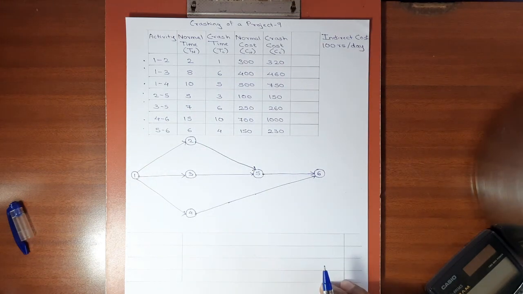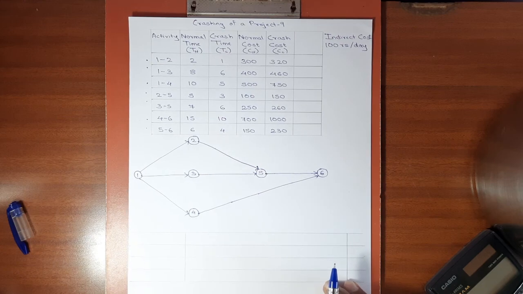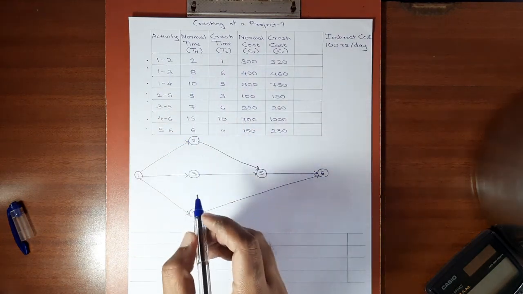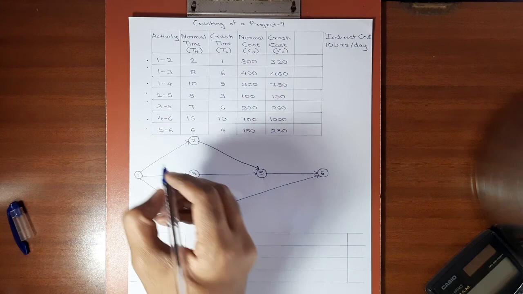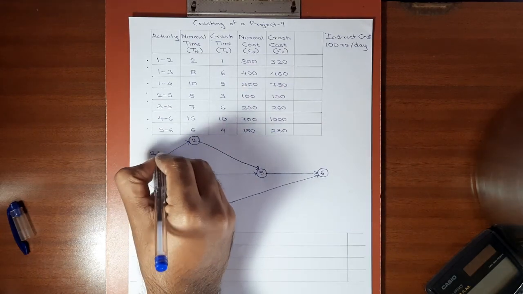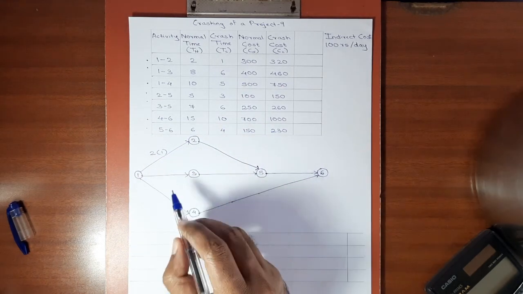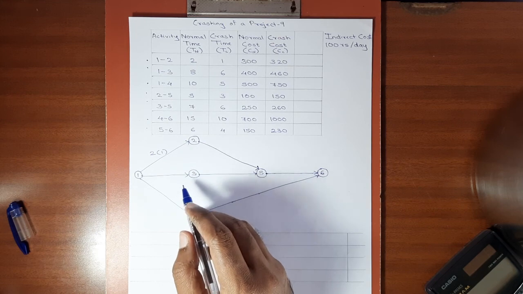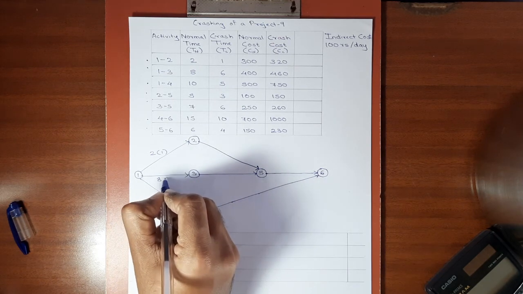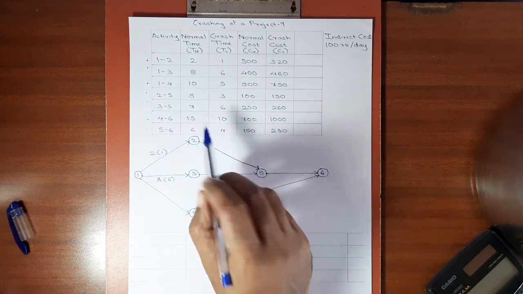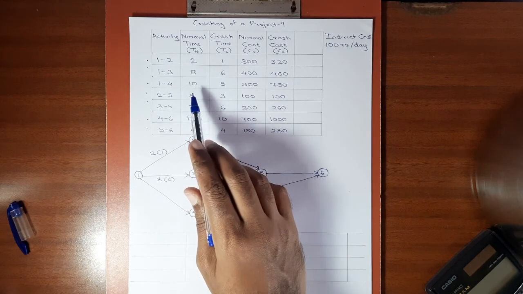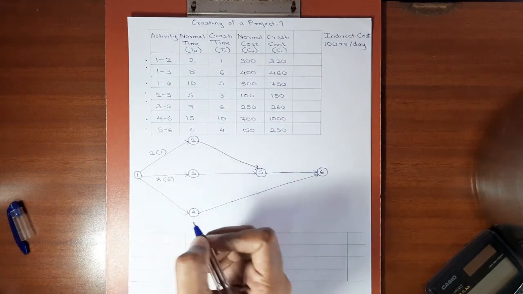Now we'll mention the normal time and crash time of every activity below the arrows. So for activity 1, 2, normal time is 2, crash time is 1. For activity 1, 3, normal time is 8, crash time is 6. For activity 1, 4, normal time is 10, crash time is 5.